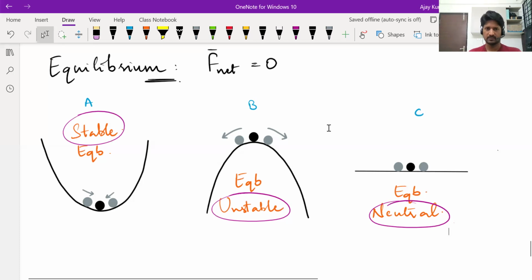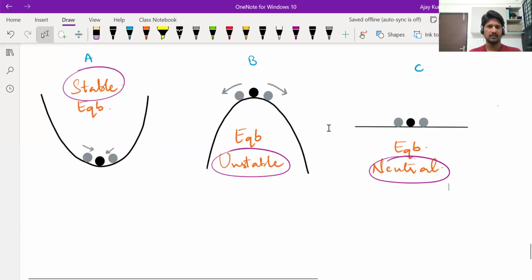In the first case, when you disturb the particle away from equilibrium, see equilibrium position, I'll mark it as O. When you take the particle away from O, you're taking it higher, means you are increasing the potential energy.